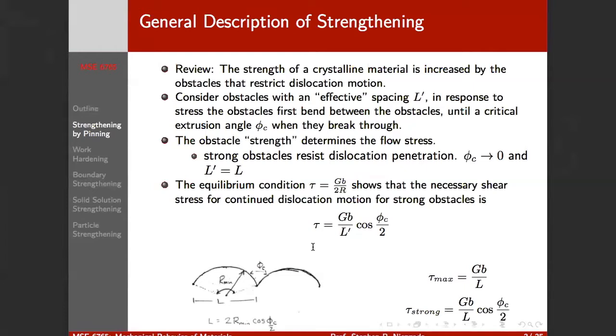Anything we can do to reduce the dislocation motion. So let's go back to some fundamentals. We have the Orowan equation. What does it say? The shear rate is going to be proportional to the number of mobile dislocations we have, the plasticity carriers, times the velocity of the dislocations.